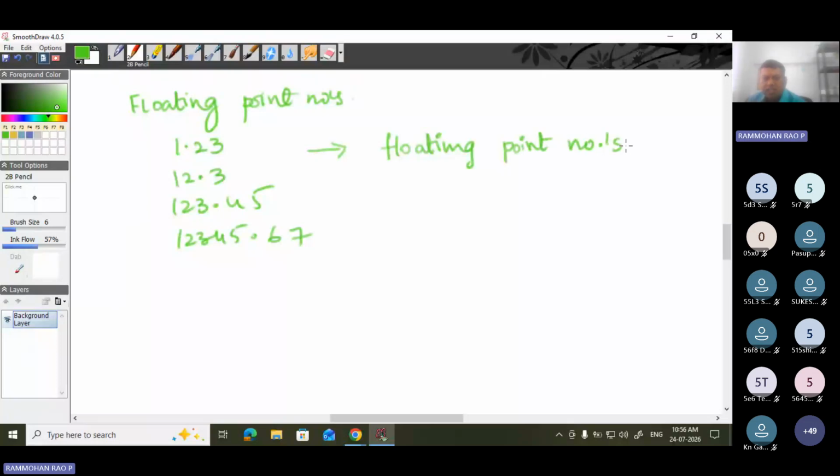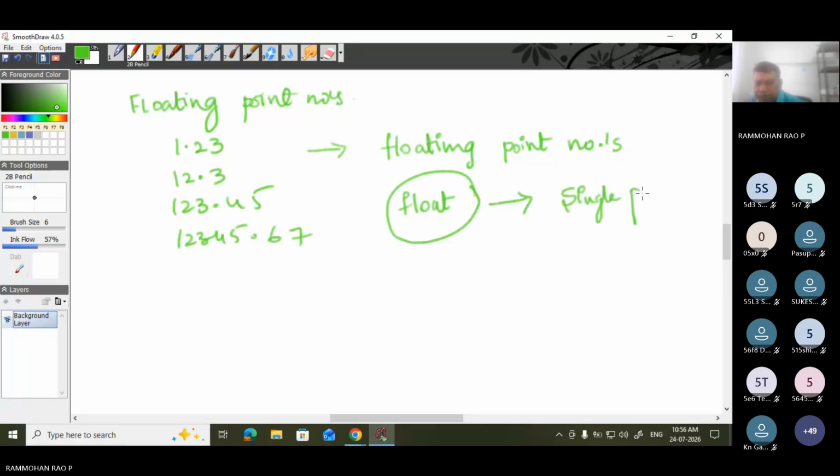Based on this concept, in C programming we have a data type called float. Now, float will only permit you single precision, which means there is a limit on how many digits you can represent after a dot.